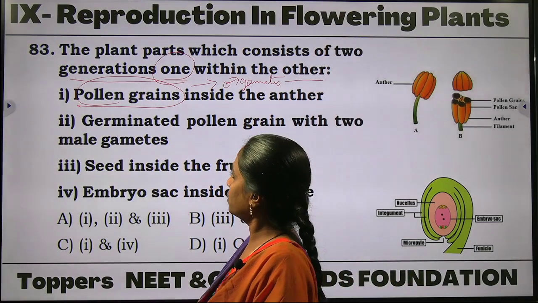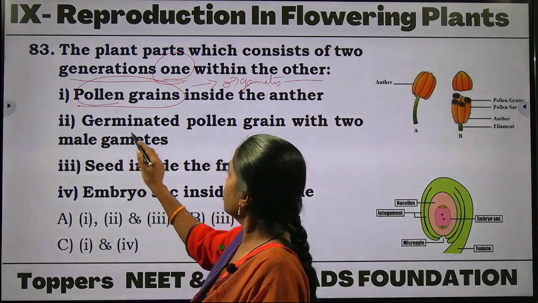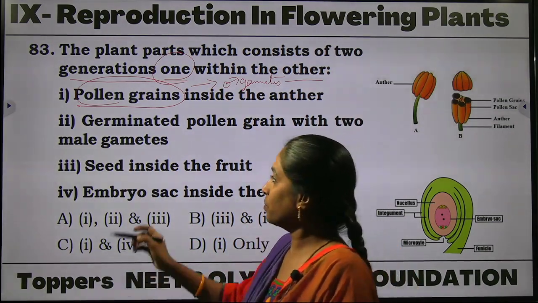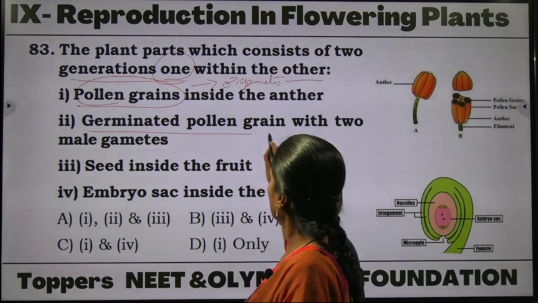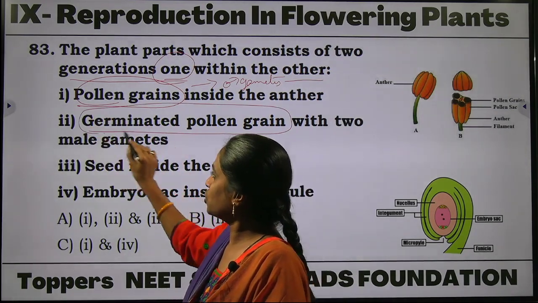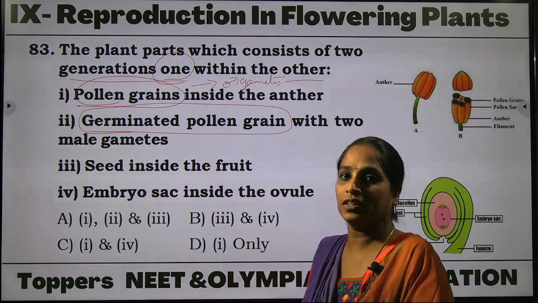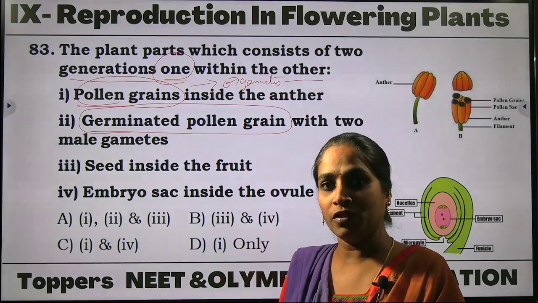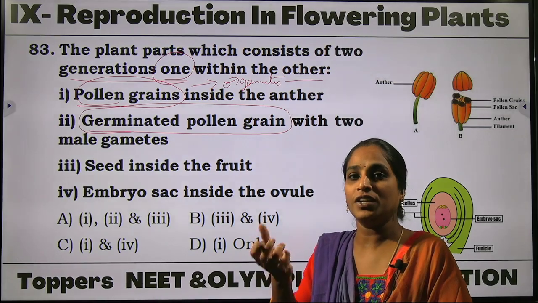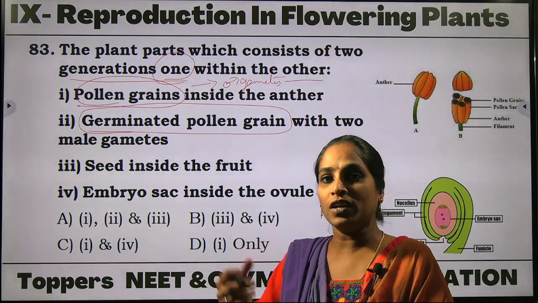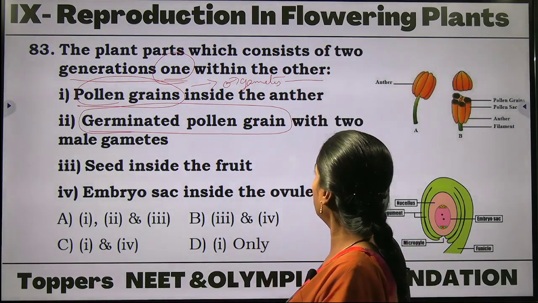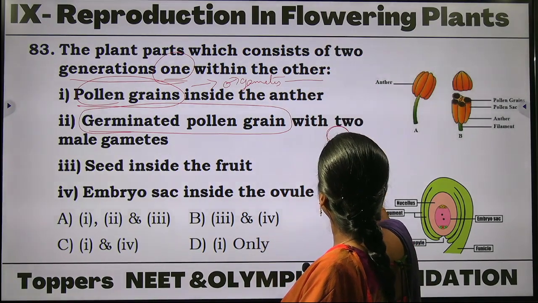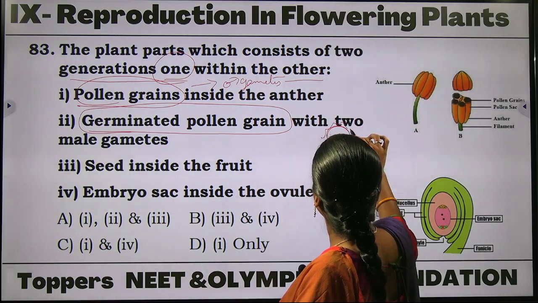Coming to the second statement, germinated pollen grain with 2 male gametes. Where can we observe this situation? When the pollen grain reaches the ripened stigma, it germinates into a pollen tube, and inside the pollen tube the cells will be present.